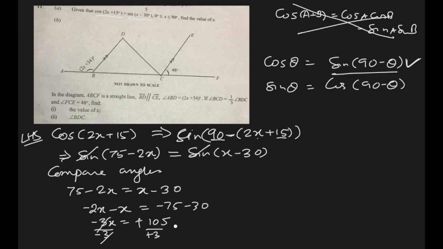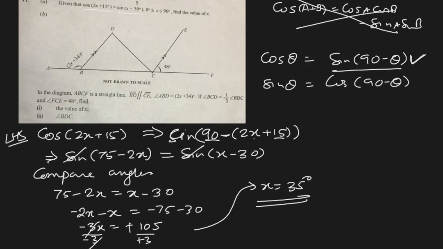So this becomes positive, and that gives us x equal to 105 divided by 3, which is 35 degrees. This is the answer for this question. You can verify by putting 35 in place of x, and you will see that both sides give the same value. There is a B part also.